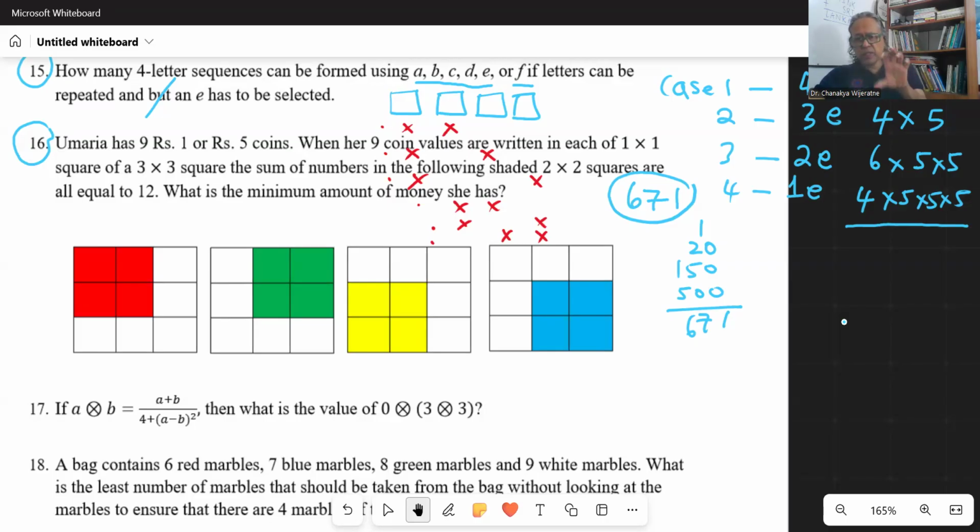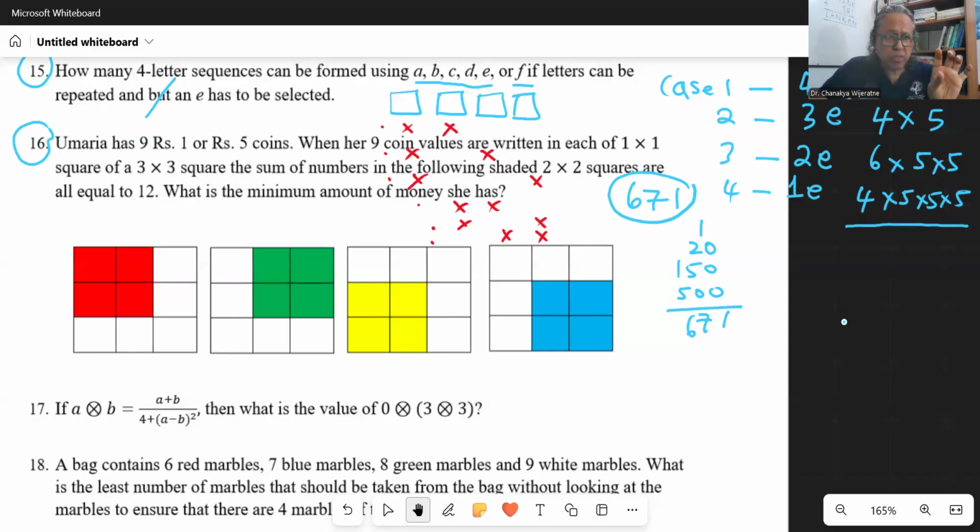Now, the shaded areas have 4 small squares. So the sum is going to be 12, right? If all are actually 5s, it is 20, right? And if all are 1s, it is 4.